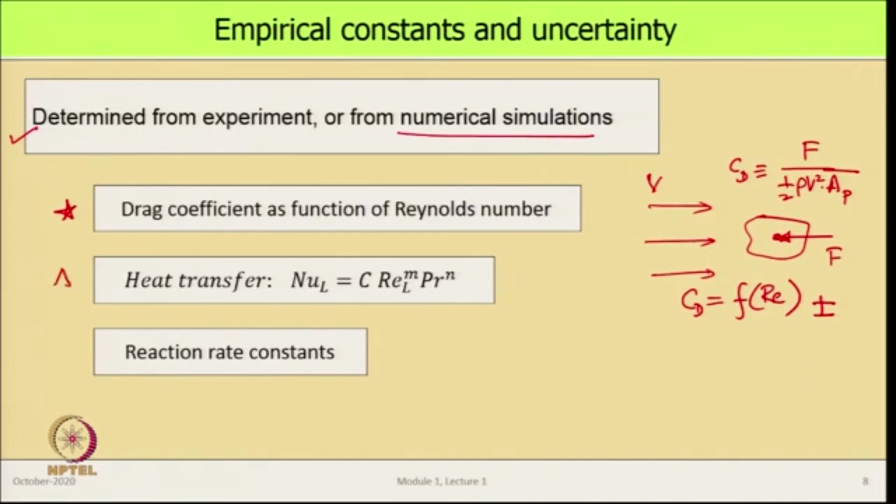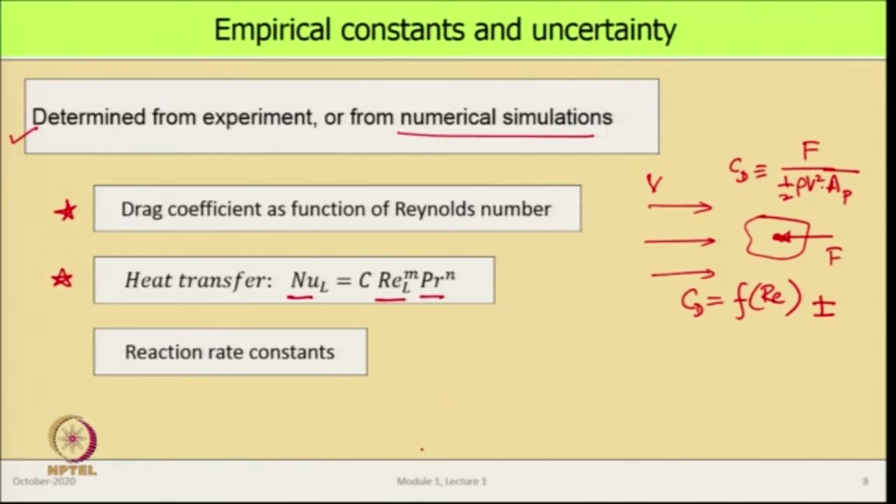A second example is from heat transfer, where we commonly express the heat transfer coefficient as a non-dimensional number, a Nusselt number, as a function of Reynolds number and Prandtl number. Some of these relations have recently been obtained from numerical simulations.